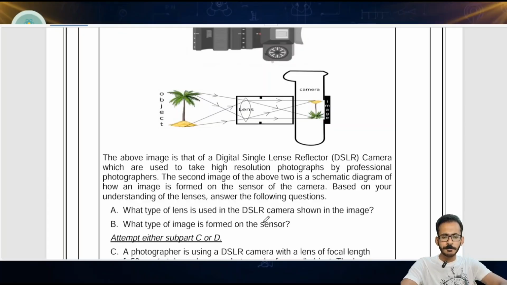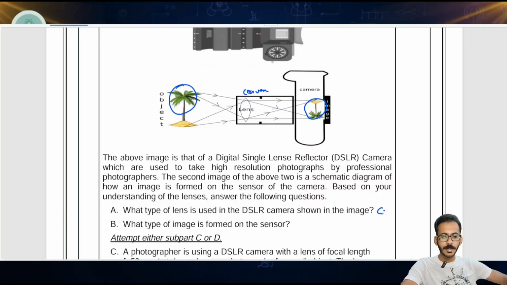So here we can see that an object is here, and this object's image is formed, a real and inverted image is formed inside the camera through a convex lens. We are able to see these many things here. Let's go to the first question. What type of lens is used in DSLR camera shown in the image?